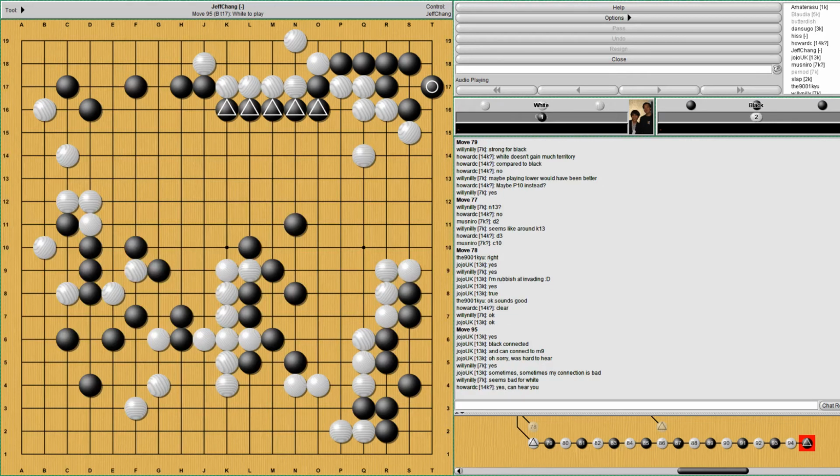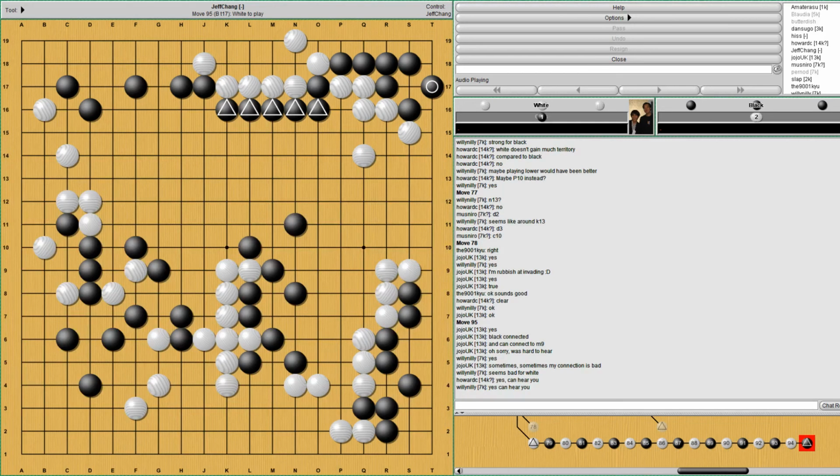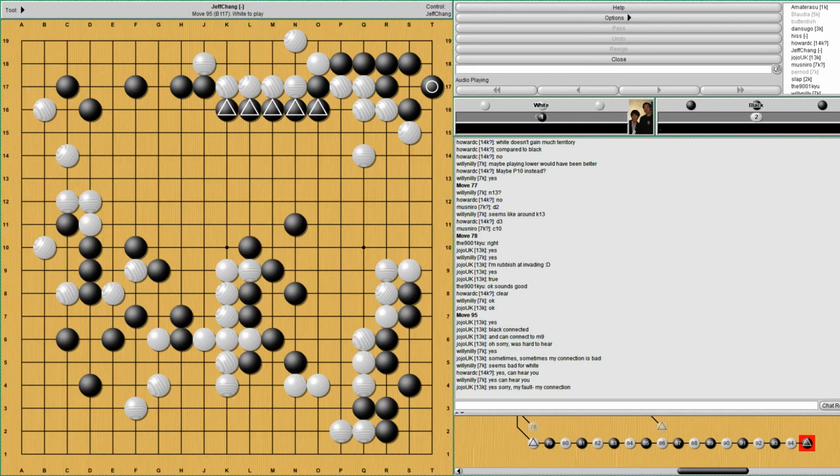So this seems too bad for white, huh? How many of you believe this is actually bad? Thanks for making it clear. I'm sorry, there's not much I can do here.